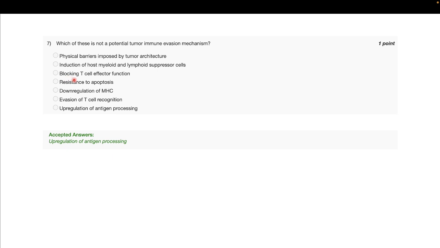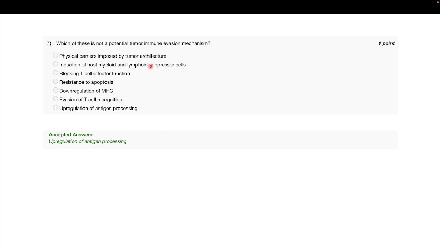Then it can also block T cell effector function. So T cells are required to eliminate these tumor cells. So they can block this function. They resist apoptosis. They downregulate the MHCs. So MHCs are required for antigen presentation, which then helps your T cells to identify that these particular cells need to be killed. Then evasion of T cell recognition, that is also one mechanism.